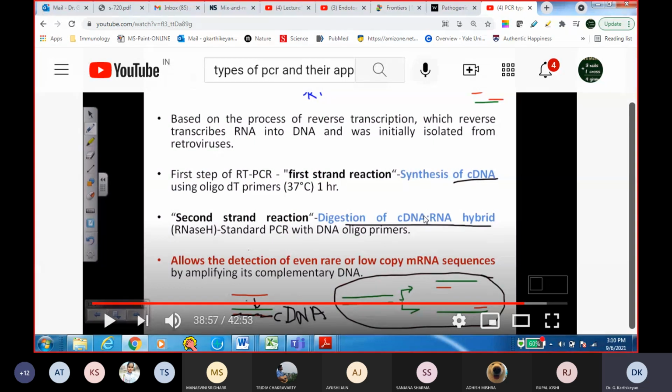But nowadays, the moment somebody says RT-PCR, as I said in the beginning, it is highly contextual. Definitely, with respect to COVID, it is real-time PCR, right? And depending on the usage, people can mean different things, but you will understand from the context whether they're talking about real-time or reverse transcriptase PCR.